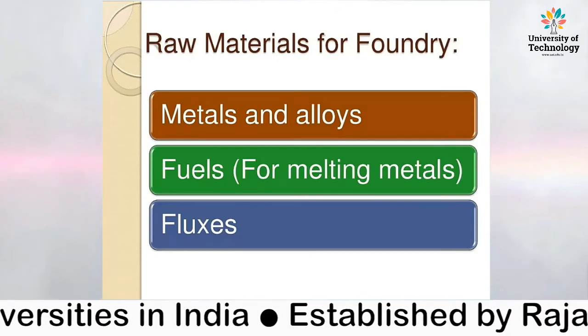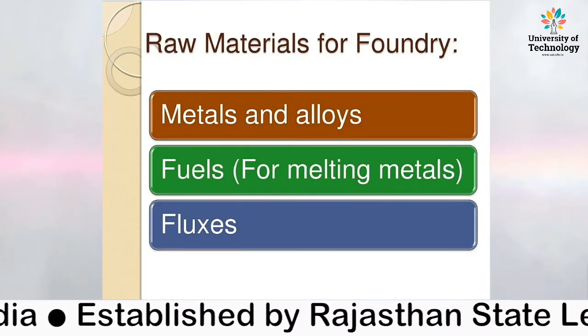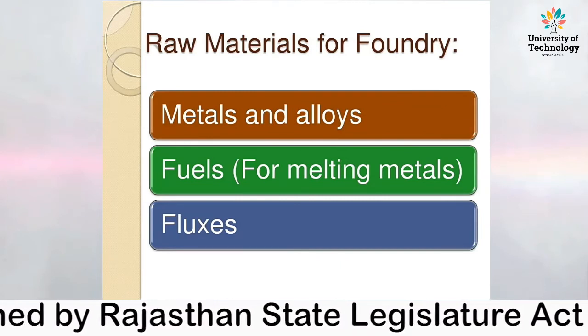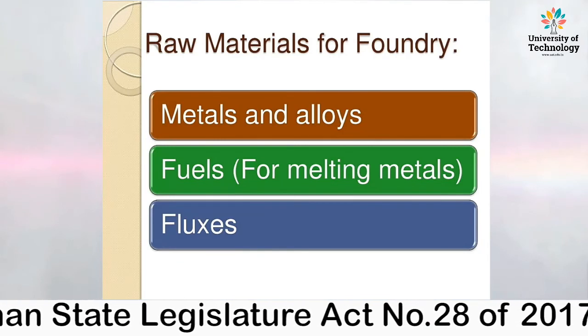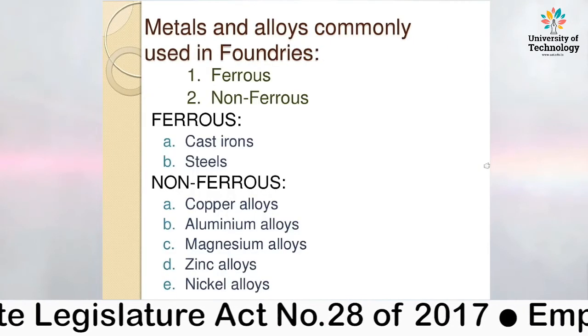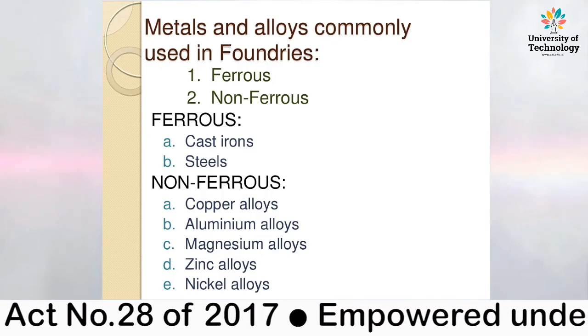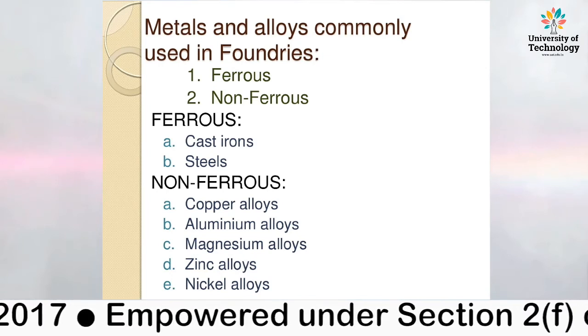Some raw materials for casting are metals or alloys, some fuels for melting metals, and fluxes used in the casting process. Metals and alloys commonly used in foundries are ferrous or non-ferrous.